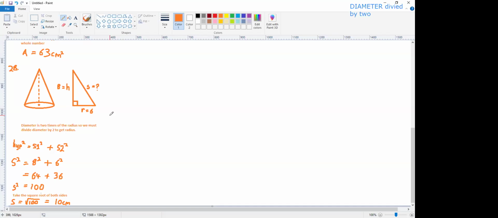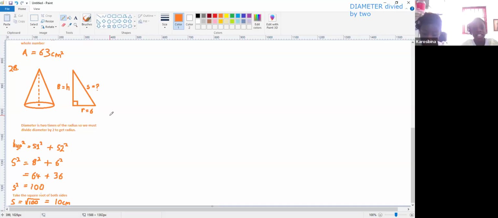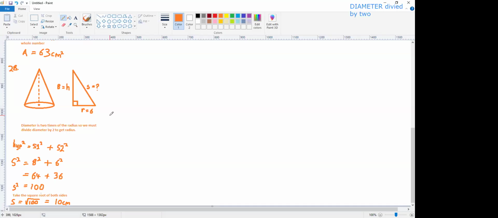Try and sketch it as close as possible to what we can see. It doesn't have to be perfect. Okay, so your sketch is accurate.